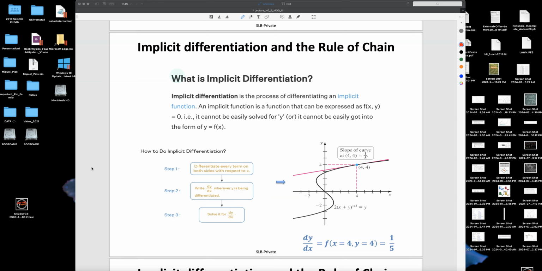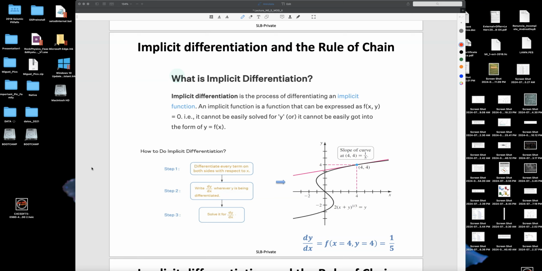An implicit function is a function in which we have a mathematical expression in which one of the variables, that is the dependent variable, is involved in the expression and is not really easy to solve for the dependent variable.